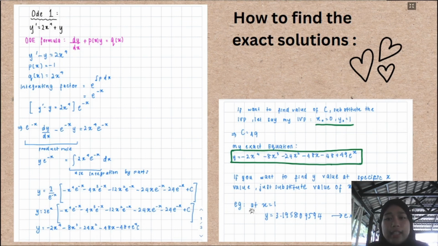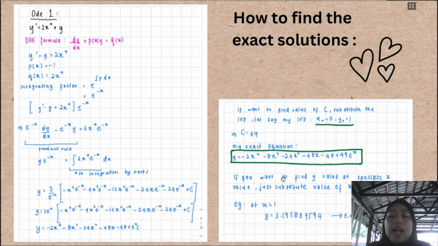Then if we want to find the value of c, we need to substitute the initial value problem. Let's say my initial value problem is x naught is equal to 0 and y naught is equal to 1. Then we get our constant is equal to 49. So we substitute it in here and we get my exact equation.